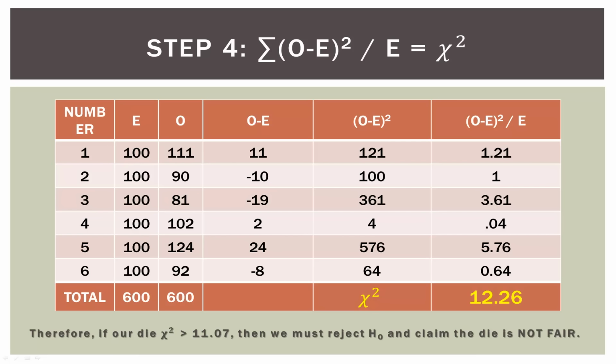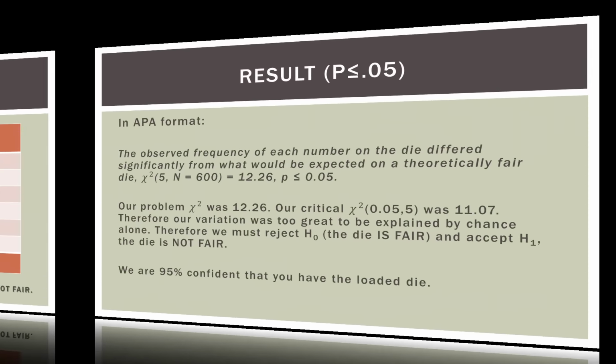So we have to reject our null hypothesis, which said the die is fair, and claim that the die is in fact not fair. So we have to accept our alternative hypothesis, because our chi-square was greater than our critical chi-square, based on our Excel formula.